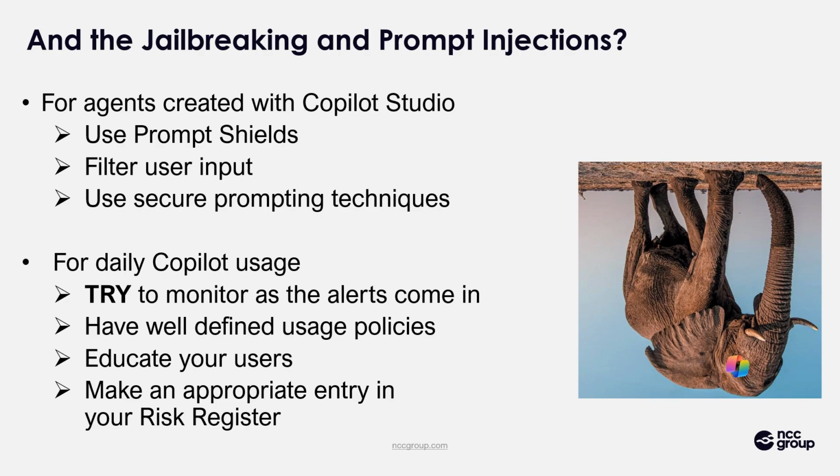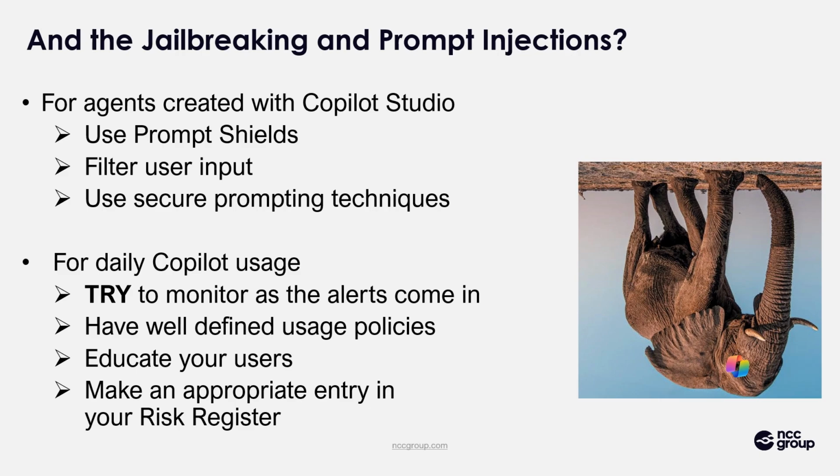We can add prompt shields, which is Microsoft's guard against prompt injection. We can add additional filtering and additional prompting to help protect. But for daily usage with either web-grounded or work-grounded Copilot, there's not much you can do.